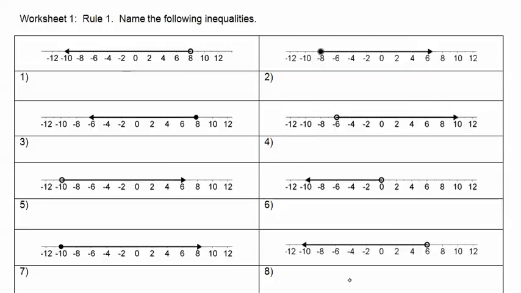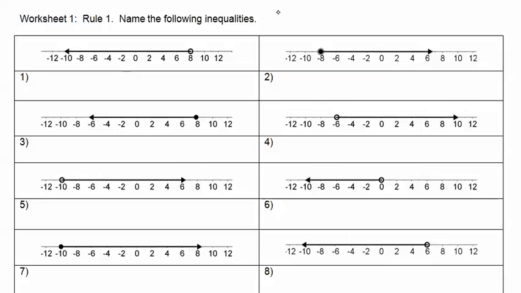All right, on worksheet 1, we're going to be naming and graphing inequalities with one variable. So these are going to be an x equals, or an x is greater than, or an x is less than.